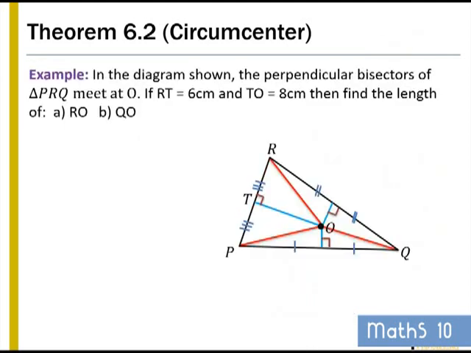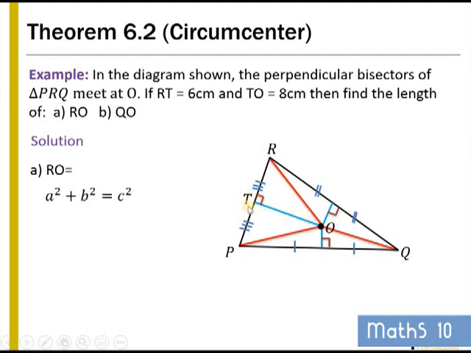Example: in the diagram shown, the perpendicular bisectors of triangle PRQ meet at O. If RT is 6 cm and TO is 8 cm, then find the length of RO and QO. First of all, for RO, we can use this right-angled triangle because we know that RT is 6 cm and TO is 8 cm.